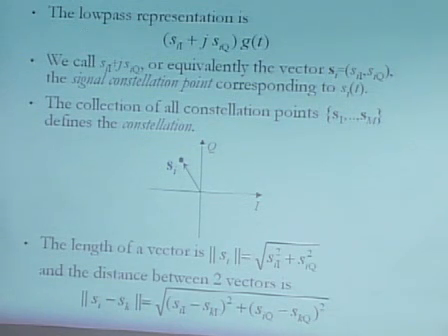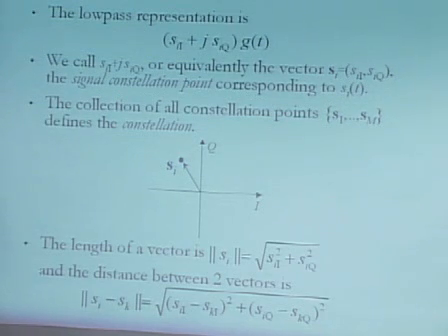We can treat it as a two-dimensional vector with two components, the in-phase and the quadrature. I'm going to use the boldface notation when I'm talking about vectors. So this is the vector for the ith signal. We're going to call this ith vector the signal constellation point corresponding to the ith signal.